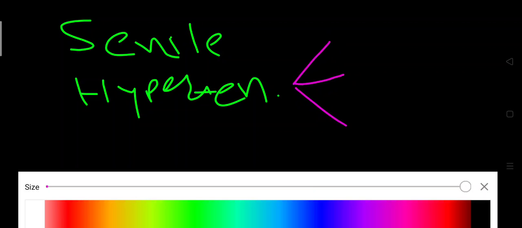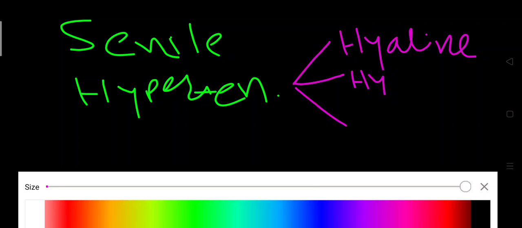Those are not necessarily associated only with hypertensive arteriosclerosis. They may occur in other forms also, but they are most commonly associated with hypertensive arteriosclerosis. So the first one was hyaline, then hyperplastic, and the third one was necrotizing.